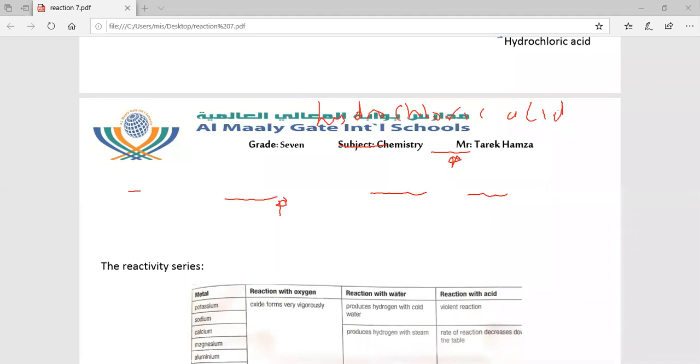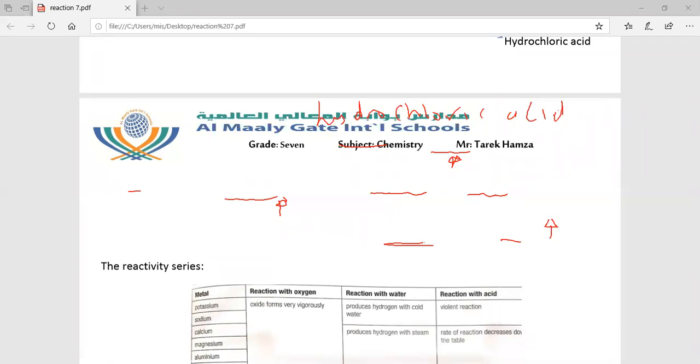The second metal here is potassium. Potassium reacts with hydrochloric acid to produce potassium chloride, and hydrogen is evolved.